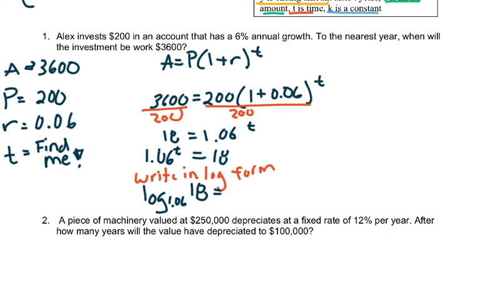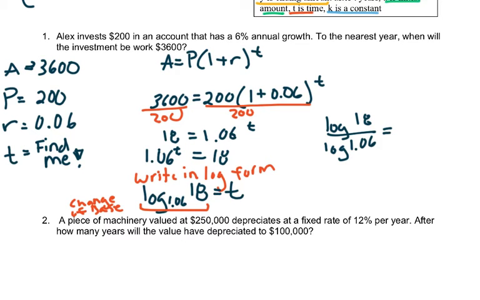So of 18 equals T. So I'm going to use the change of base formula on this next part, so that I can stick it in my calculator. So using the change of base, we'd get log of 18 divided by log of 1.06. And then we'd stick this in our calculator.